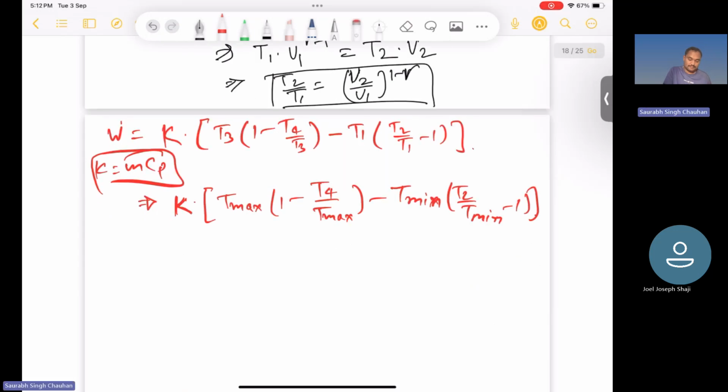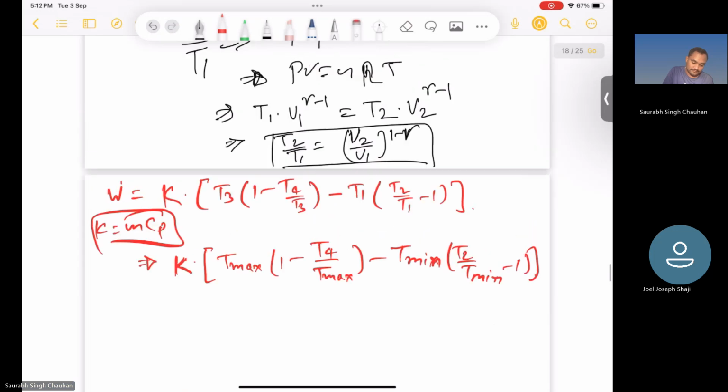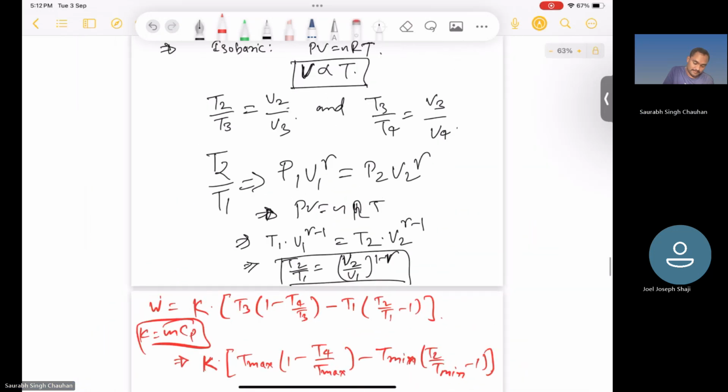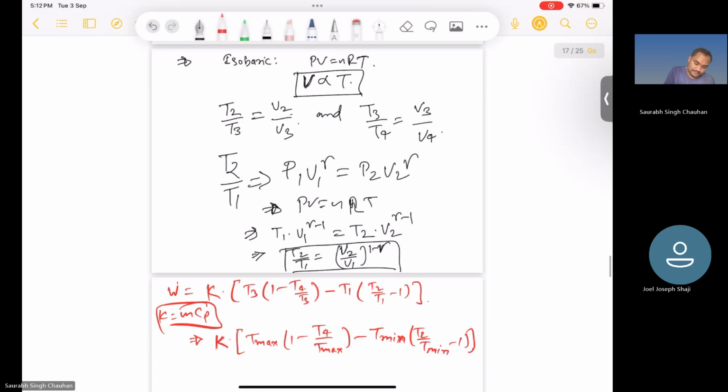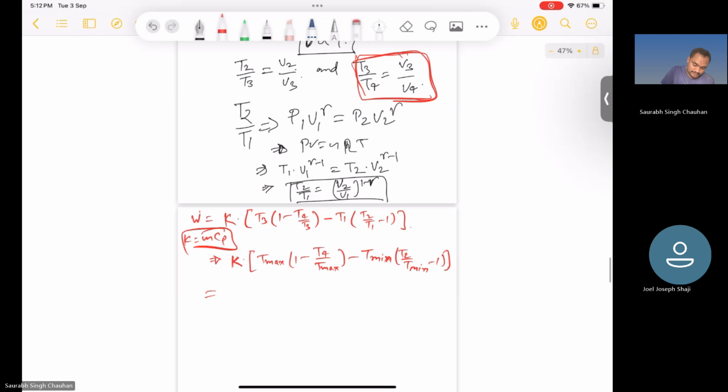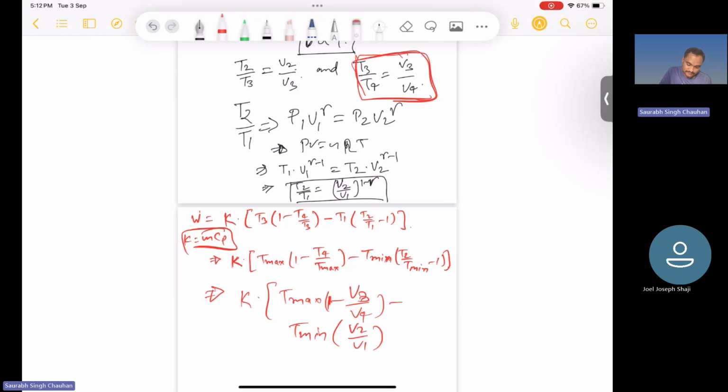This is our expression for W. From here, you can write T max times 1 minus P3 by P4, minus T min times V2 by V1 to the power gamma.